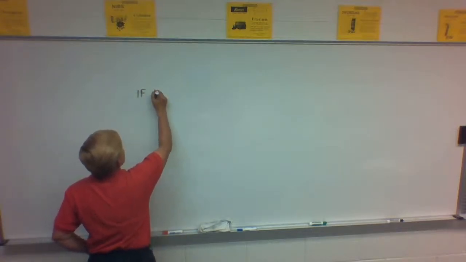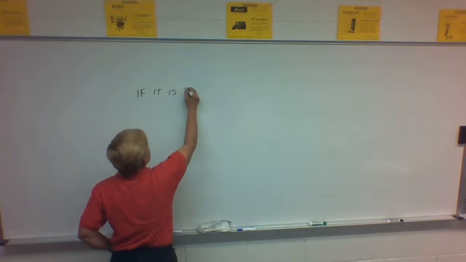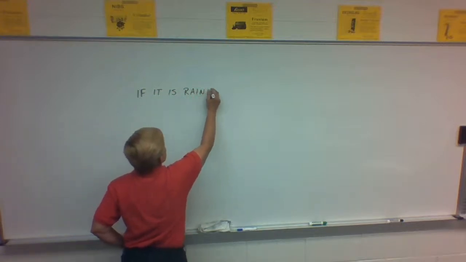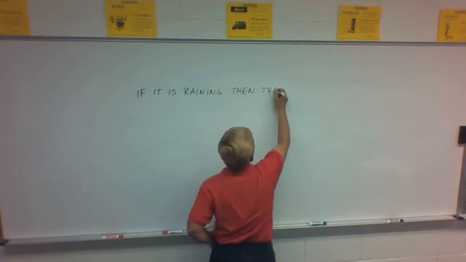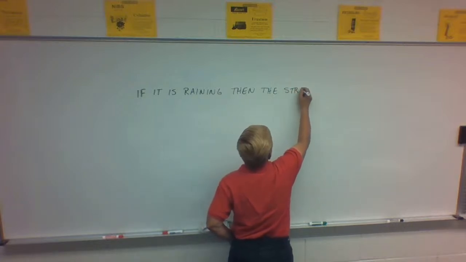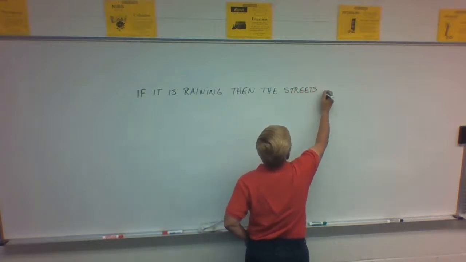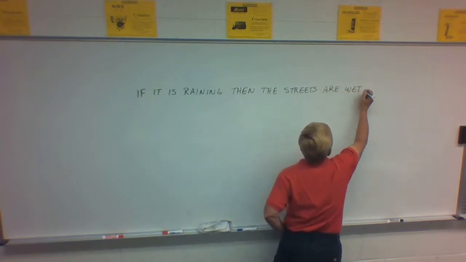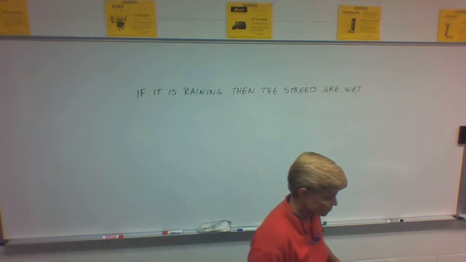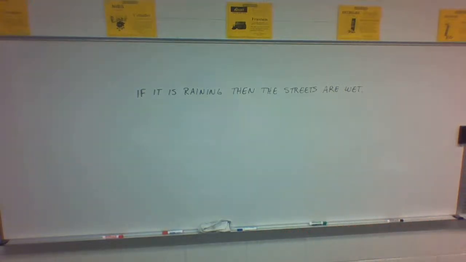If it is raining, then the streets are wet. Okay, we're going to pull this apart in a whole bunch of different ways. We're going to turn it around. We're going to rewrite it in different ways and funny ways, and then we're going to apply it to some other statements.